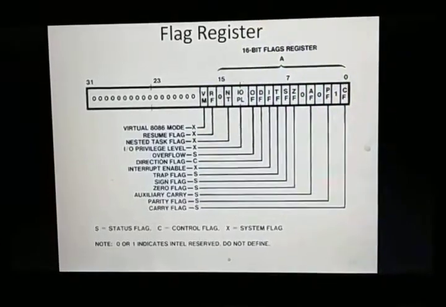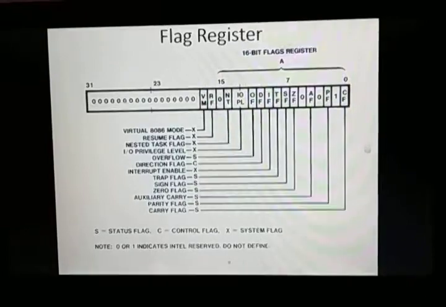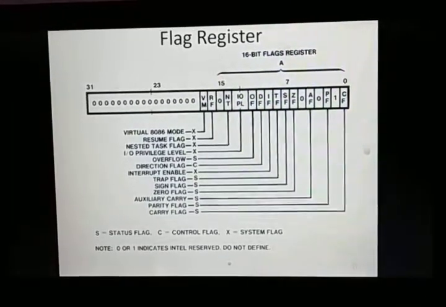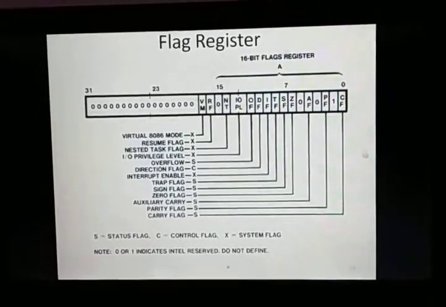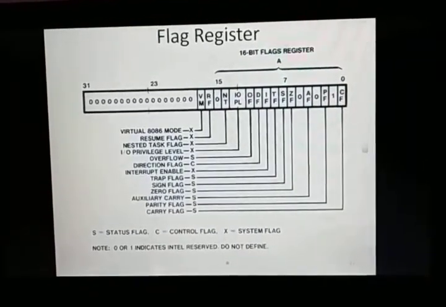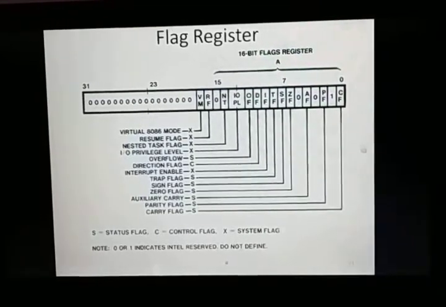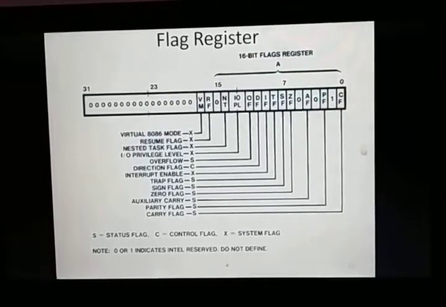Then your next bit is direction flag bit. Direction flag bit is basically related to source index or destination index register. This bit we have discussed in the lab experiment code, in the second experiment, block transfer with string and without string.